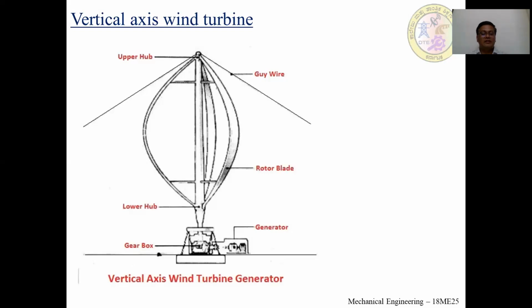After that the generator will take care: whatever mechanical energy is available will be converted into electrical energy with the help of the generator. You can see the generator is placed here, this is the gearbox, this is the shaft, and these are the blades. So the working principle is almost similar to the horizontal one, but the placement of the axis as well as the blade shape is a little bit different. So this is about the vertical axis wind turbine.